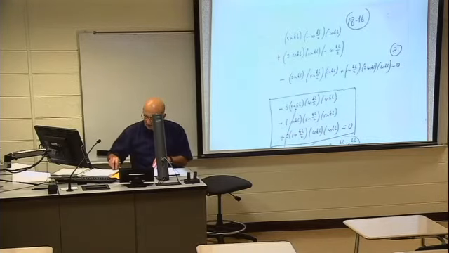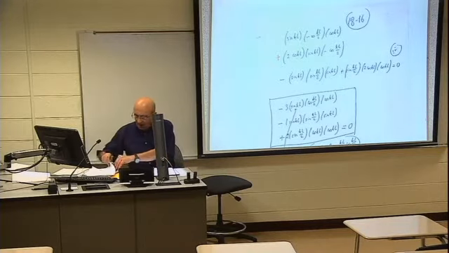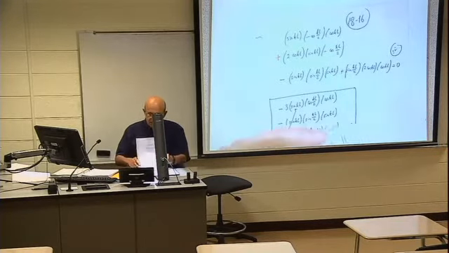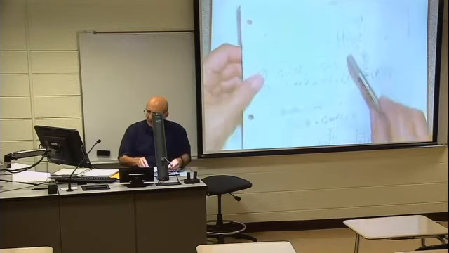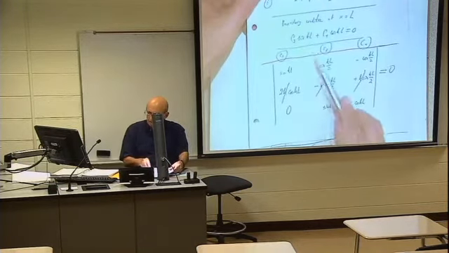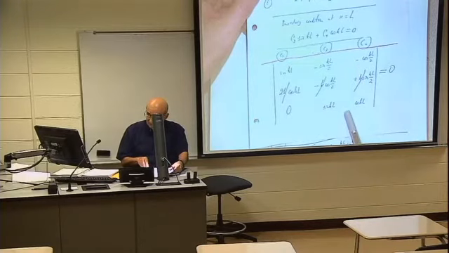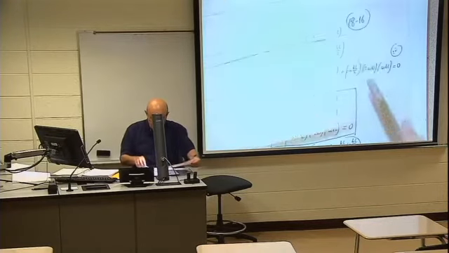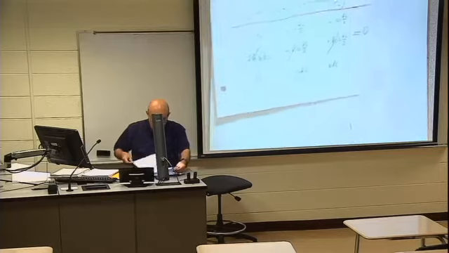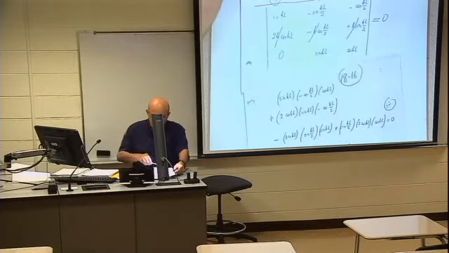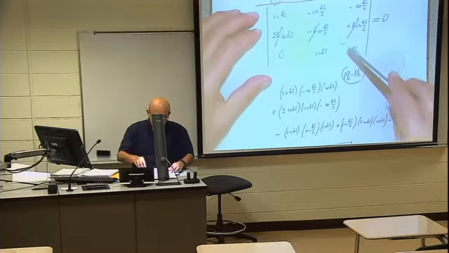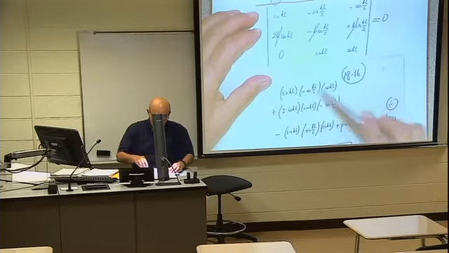This is actually from the previous page, from 2 pages before, 1814. We had this determinant, and I calculated this determinant here, okay? So the product of these three terms is here.